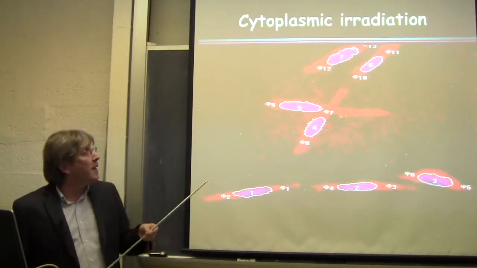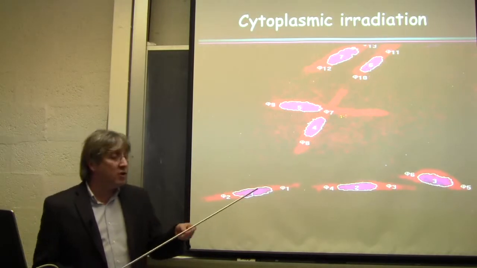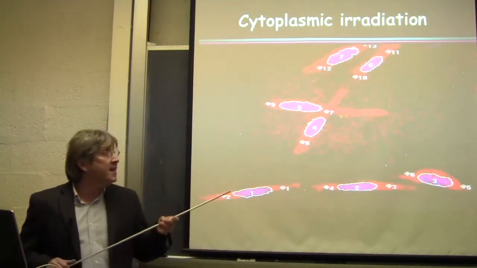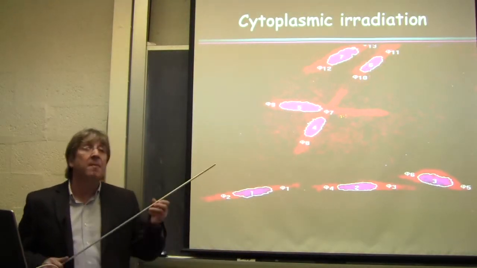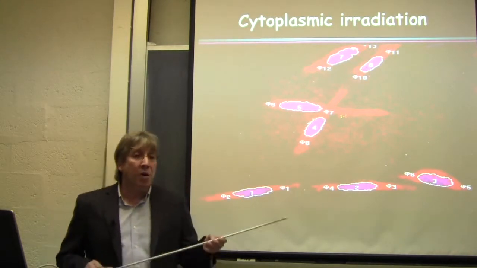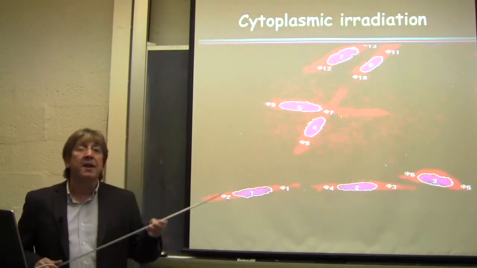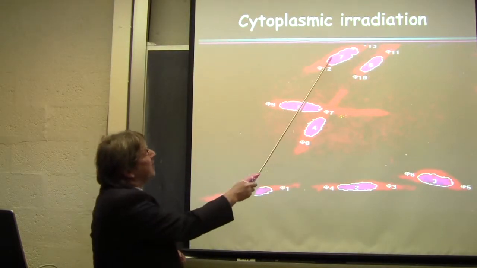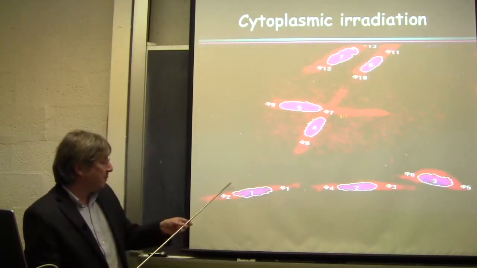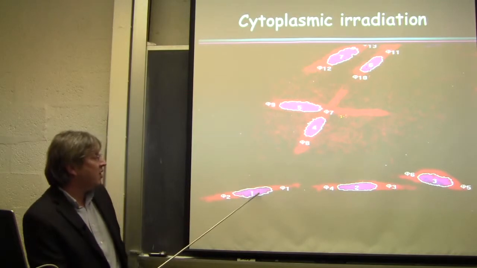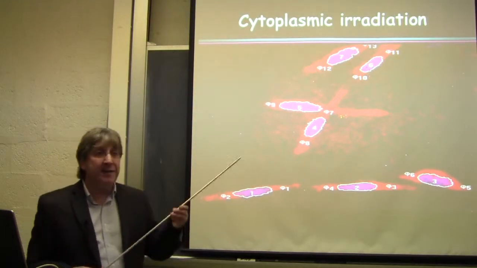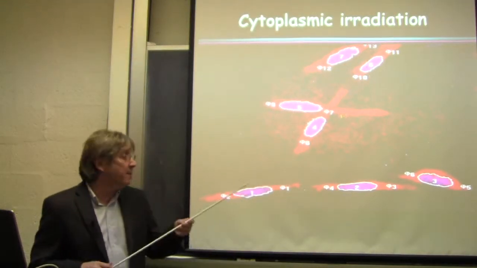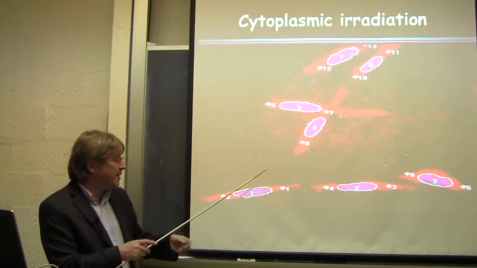This is from Tom Hei's work, where what we're doing in this experiment is irradiating cytoplasm only. We want to guarantee that we'll not hit a nucleus. So here are some cells that have been imaged, and the computer has figured out where the nucleus is and is giving orders to the microbeam: don't irradiate the nucleus.